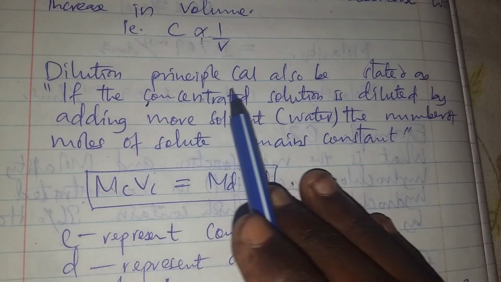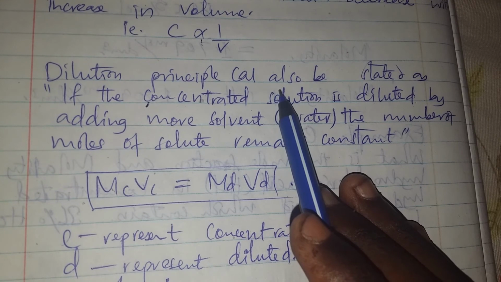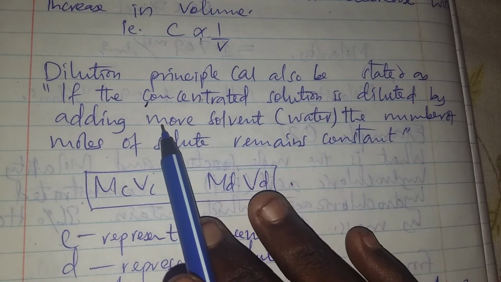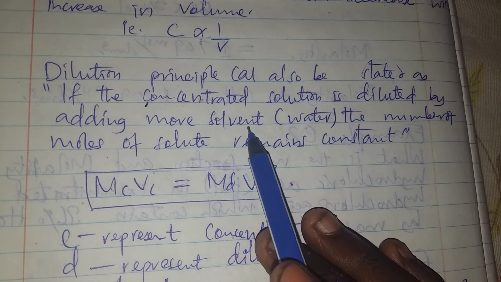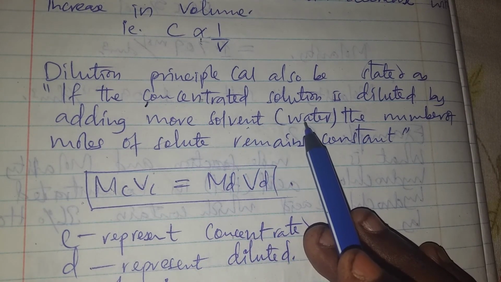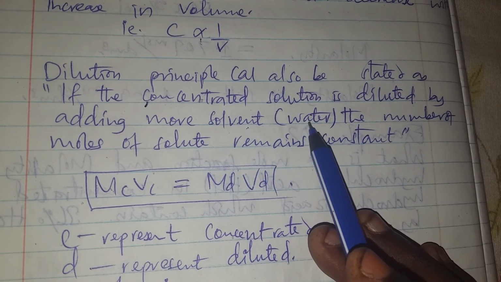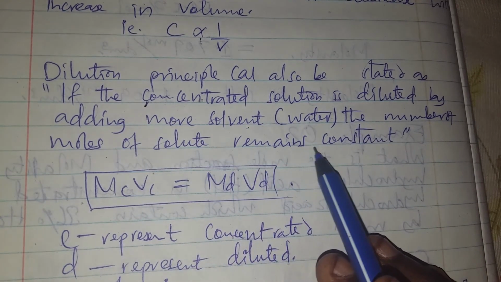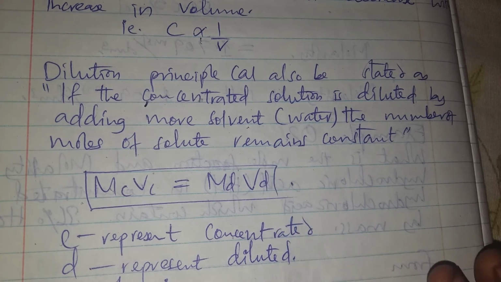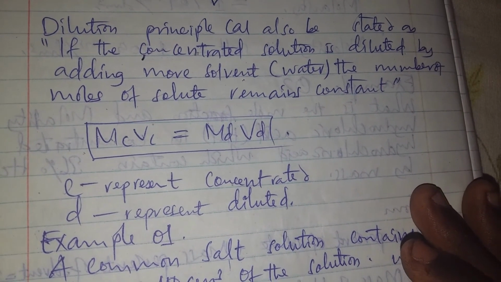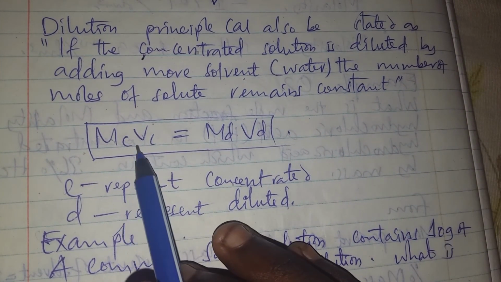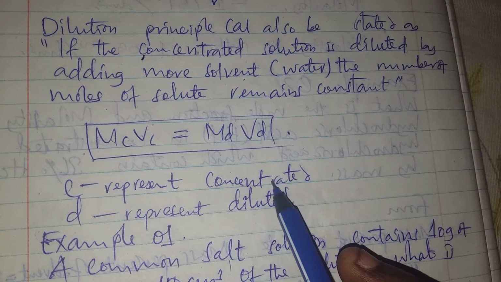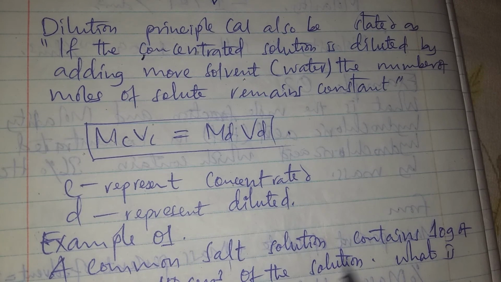That is, the dilution principle can also be stated as: if a concentrated solution is diluted by adding more solvent or water, because water is the universal solvent, the number of moles of solute remains constant. So the dilution law can be summarized as MCVC is equal to MDVD. C represents concentrated and D represents dilute.